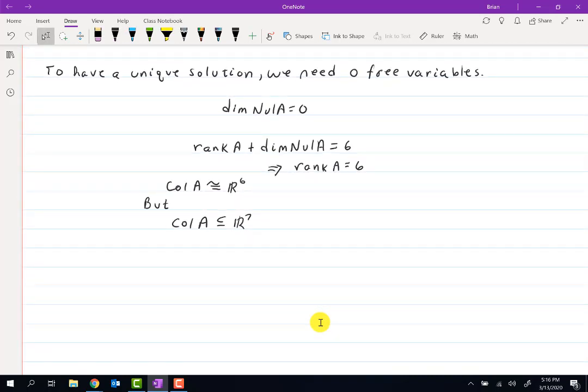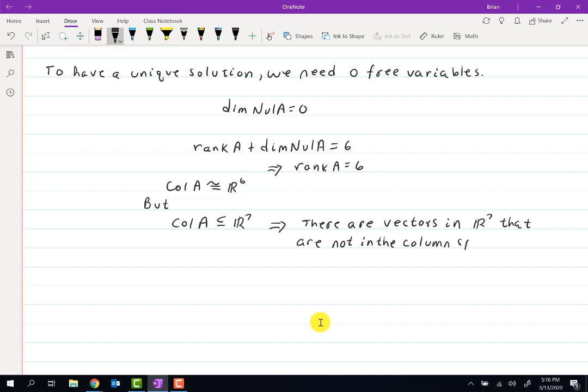So there are vectors in R^7 that are not in the column space. Well, that's because the dimension of the column space of A is 6, the dimension of R^7 is 7, so naturally there are vectors in here that are not in the column space of A.